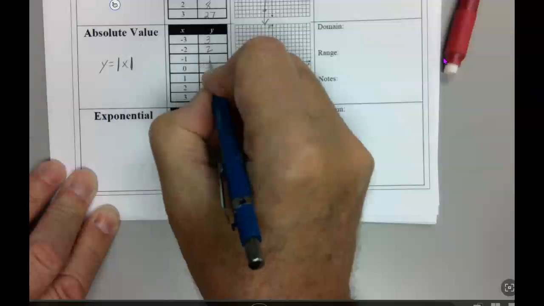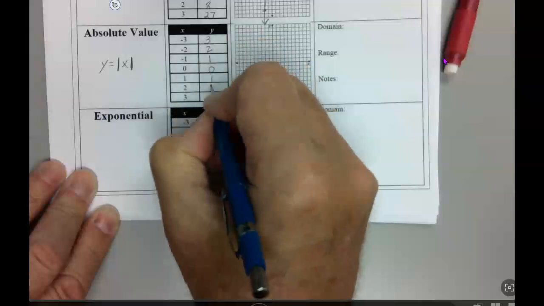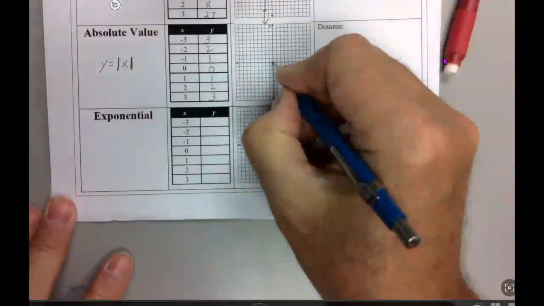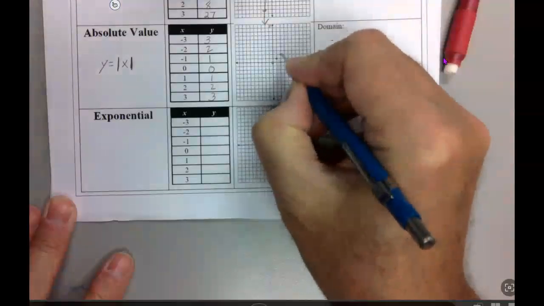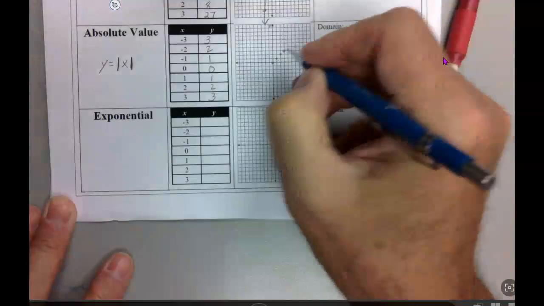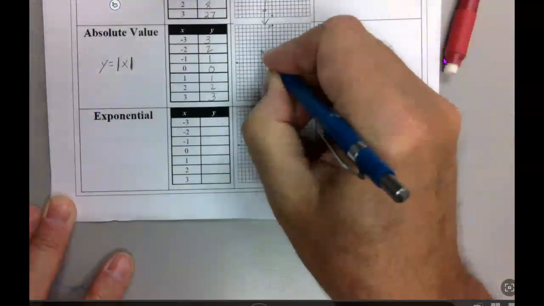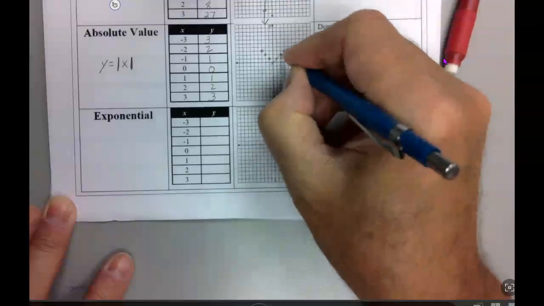Negative 1 gives me 1. 0, 1, 2, because the absolute value of any number is positive, correct? Because absolute value means what? Distance from 0. Agreed? So 0, 0, 1, 1, 2, 2, 3, 3, negative 1, 1, negative 2, 2, negative 3, 3. So we get a V-shaped looking graph.